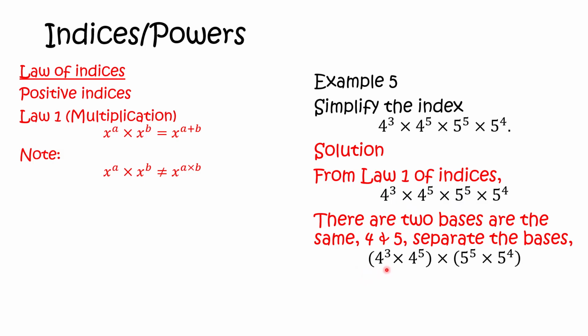That is to say, we have the 4s by themselves in their own brackets or parentheses, and the 5s by themselves as well. In that case, we apply law number 1 of indices for the first base 4, so that we have 4 to the 3 plus 5 times 5 to the 5 plus 4. Simplifying that, we are going to get 4 to the 8 times 5 to the 9.